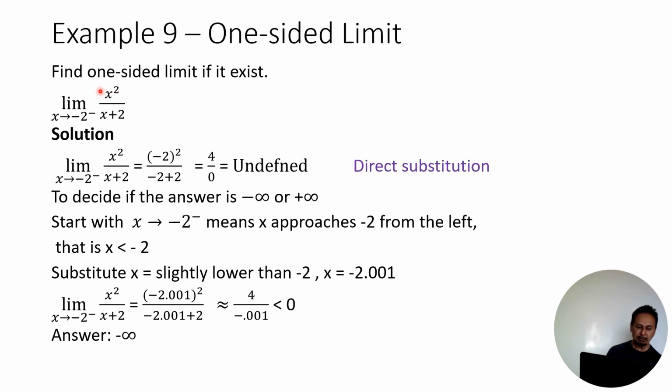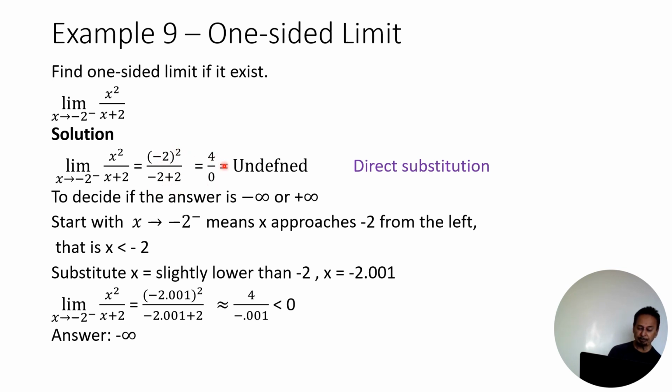So let's find a one-sided limit if it exists. So basically it's the limit as x approaches minus 2, where the minus means from the left, of x squared over x plus 2. So let's rewrite: limit as x approaches minus 2 to the minus of x squared over x plus 2. Do direct substitution, minus 2 for x in negative 2 plus 2. So the square of negative 2 is 4.